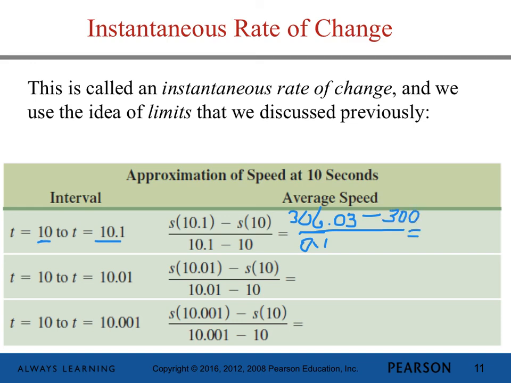So during that single tenth of a second, we have gone 6.03 feet. And that's 6.03 feet divided by 1/10, meaning that in that 1/10 of a second, our average speed was 60.3 feet per second.